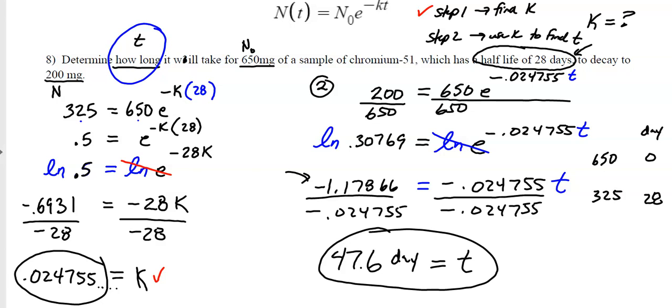Well, if I go another 28 days and I'm at 56 days, half of 325, that's 162.5? Well, that's too far. I've gone past 200. So I know that 200 occurs somewhere in here, and it's going to be closer to the 56 than to the 28. So I think that 47.6 looks like it could work.